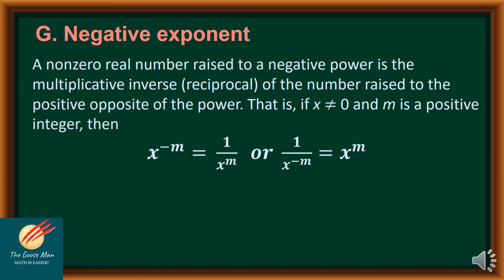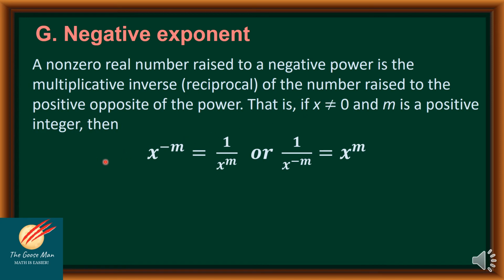Let's move on to negative exponents. A non-zero real number raised to a negative power is the multiplicative inverse, or commonly known as the reciprocal, of the number raised to the positive opposite of the power.